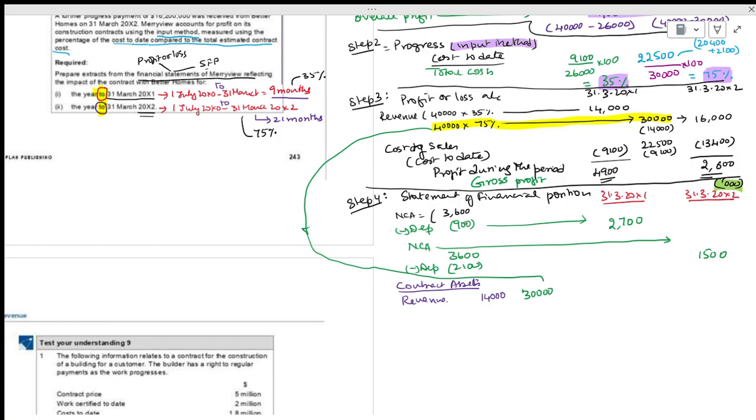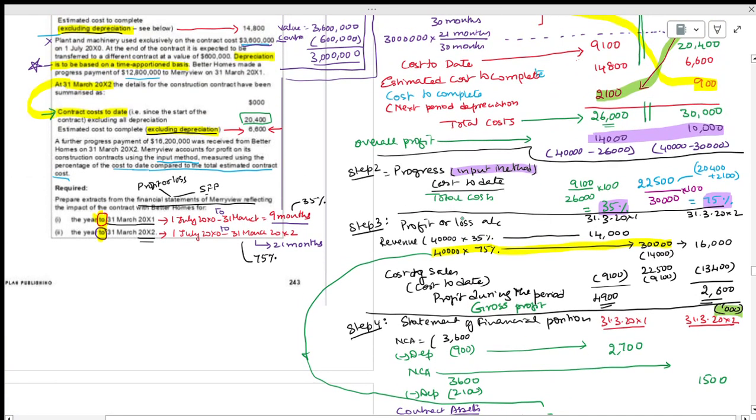How much have you received? Progress payments. Where are the progress payments? See the things. How much have you received as progress payments? 12.8.